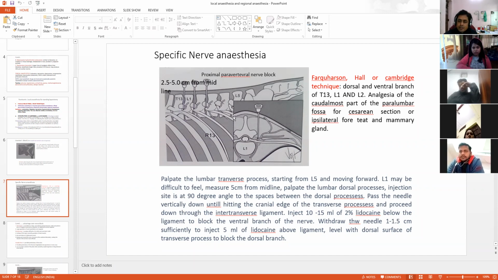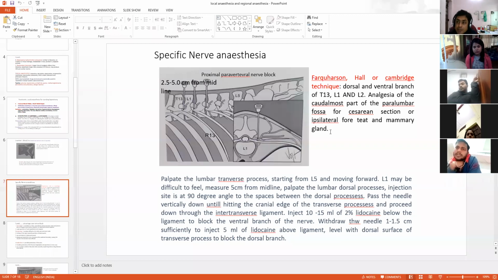Paralumbar fossa is here, just caudal to the last rib. For cesarean section, you will even get some desensitization or analgesia of the 4 teats and mammary gland. All four quarters of the mammary gland are also desensitized by this proximal paravertebral nerve block.